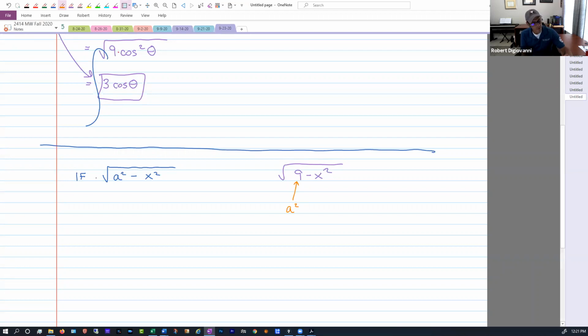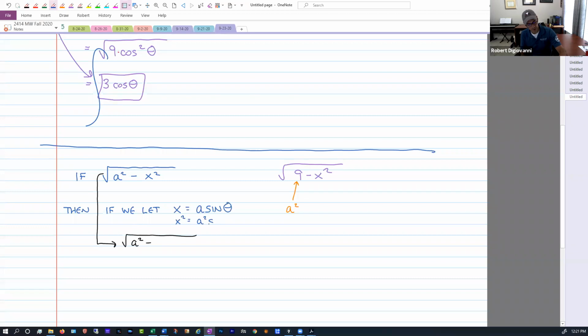So if we ever see this, a squared minus x squared, then if we make the substitution, if we let x be equal to a sine of theta, then what does this expression turn into? A squared minus, well, what would x squared be?